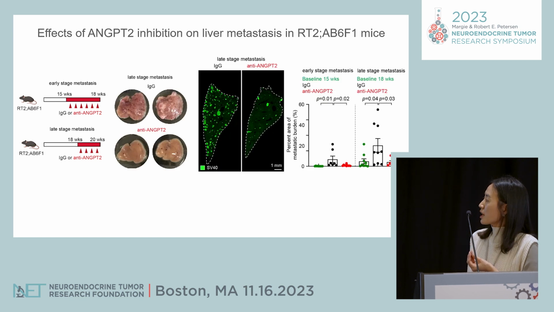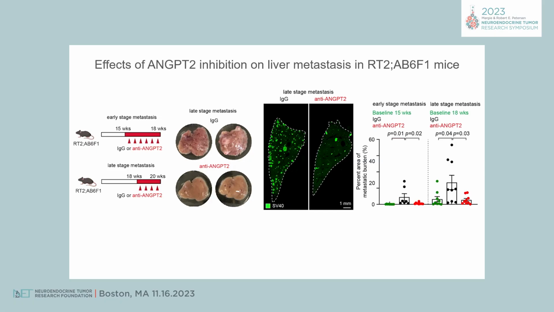Interestingly, at both time points, angiopoietin 2 inhibition significantly reduced metastatic burden in the liver consistently. In this graph, black is control, red is anti-angiopoietin 2, and green is onset of treatment. So we can see angiopoietin 2 inhibition induces disease stasis in the liver metastasis.